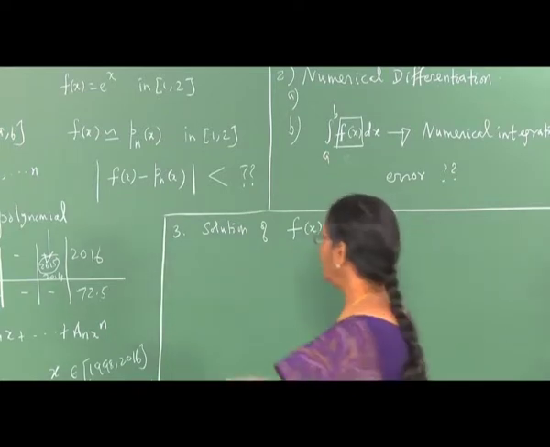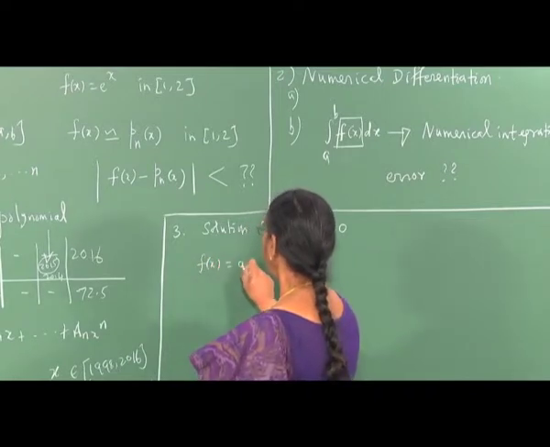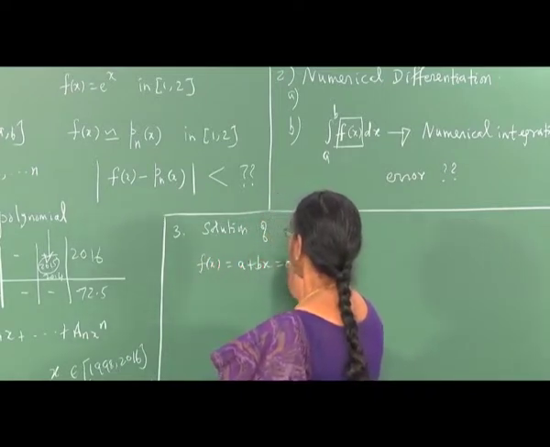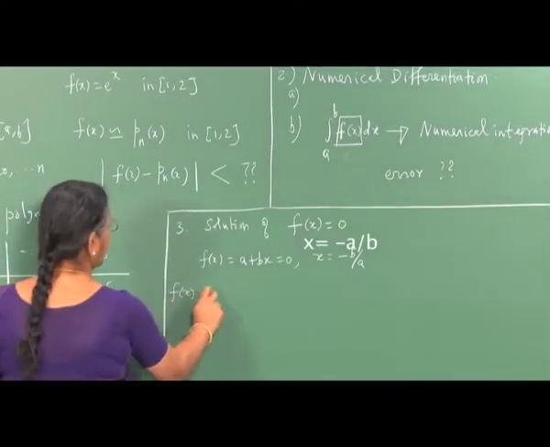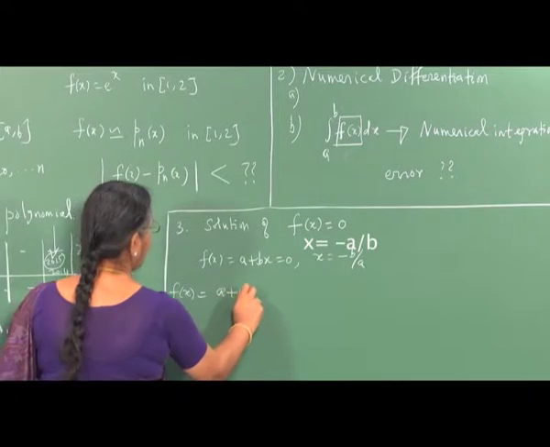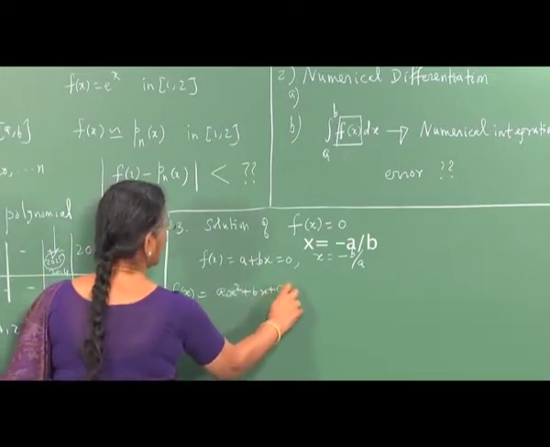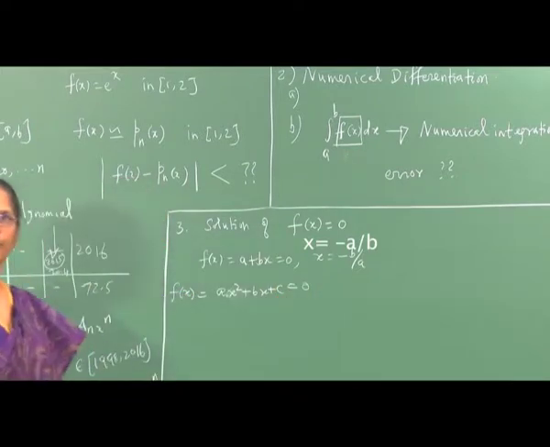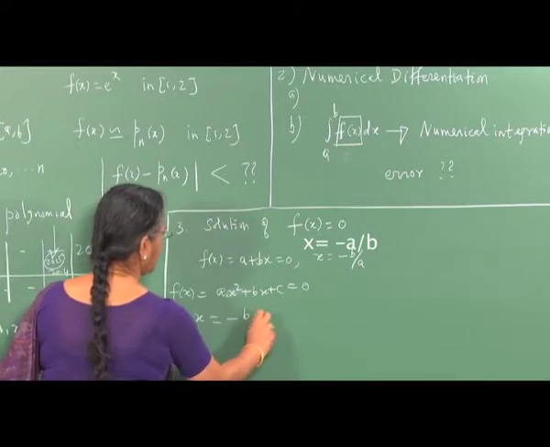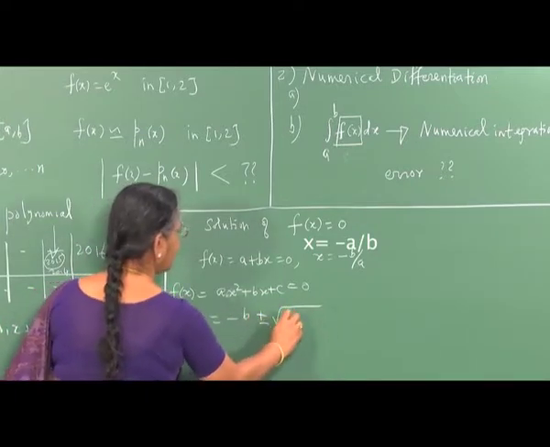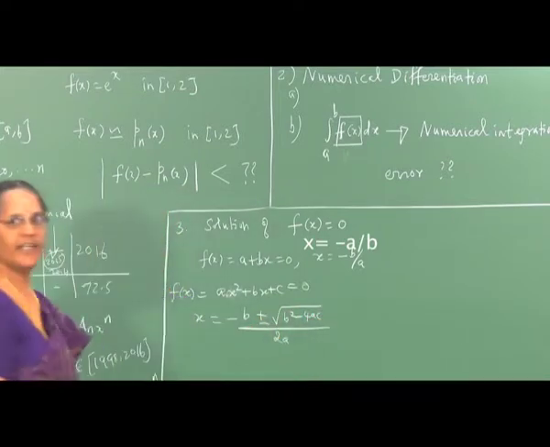And we all know that if f of x is a linear equation of the form a plus bx is equal to 0, or suppose f of x is a quadratic equation ax square plus bx plus c equal to 0, then you know that this equation possesses two roots given by minus b plus or minus root of b square minus 4ac divided by 2a, involving radicals.